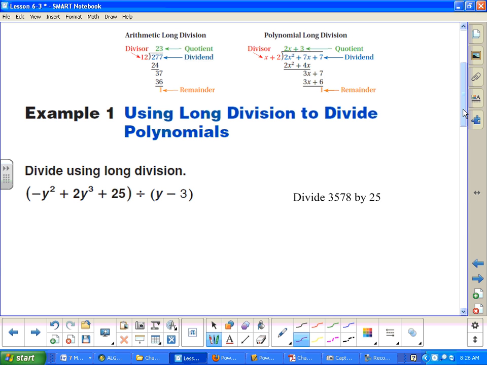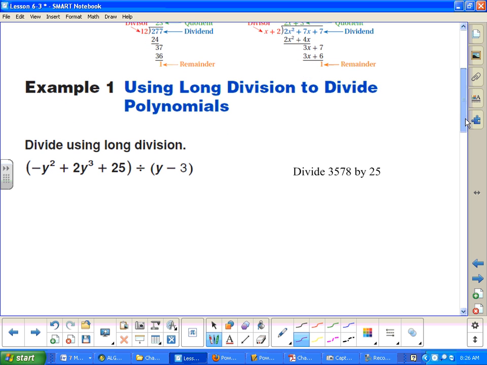So in this situation here, we have y minus 3 on the outside. And then when I put the dividend in, I have to write it in standard form. So we have 2y cubed minus y squared.